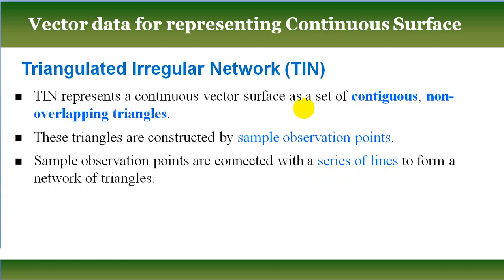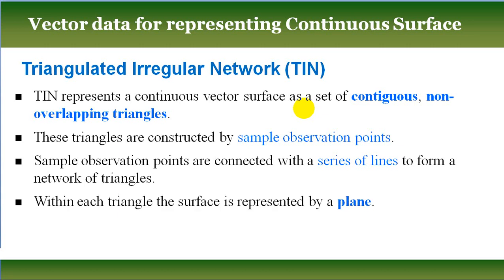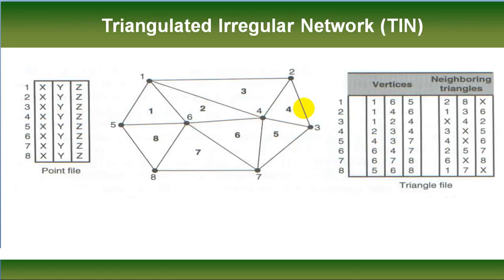Sample observation points are connected with a series of lines to form a network of triangles. Within each triangle, the surface is represented by a plane, because as you know, every triangle has a plane, and this plane will represent the particular surface like temperature, elevation, rainfall, whatever.